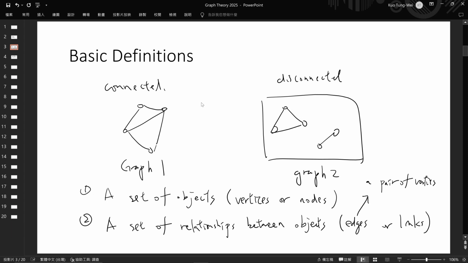Right, but for this one, every node has an edge connected to some vertex in the graph. But it doesn't have an edge connected to all the others. That one doesn't connect to the other one. Yeah, but for this one, it is not connected to this one by just one edge. Right. So according to your definition, this one will be treated as a disconnected graph. Right. So yeah, close, but not a perfect definition. We need some adjustment.